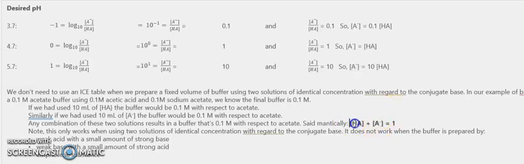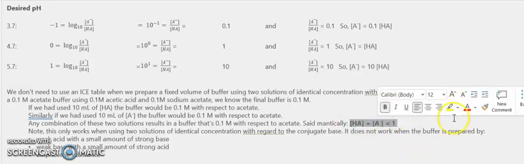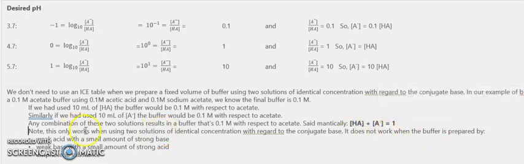So again, this simplifying assumption here only works in the case of two solutions of identical concentration with regard to the conjugate base. It doesn't work for the situations where you have a weak acid with a small amount of strong base, or a weak base with a small amount of strong acid, or if you're using an amphoteric substance.